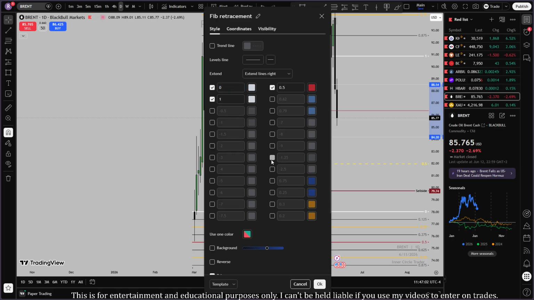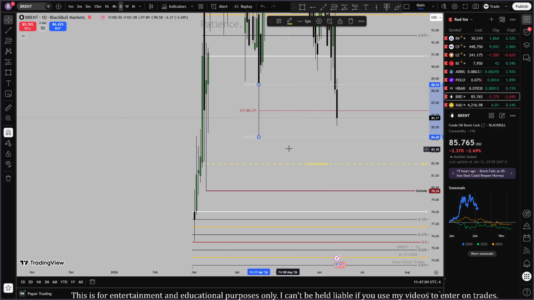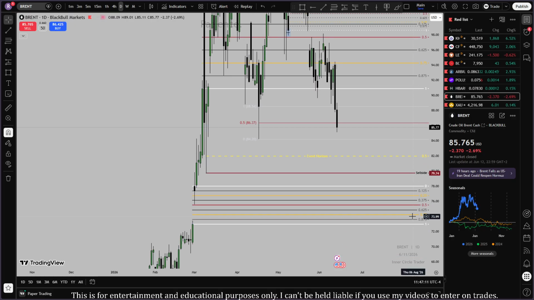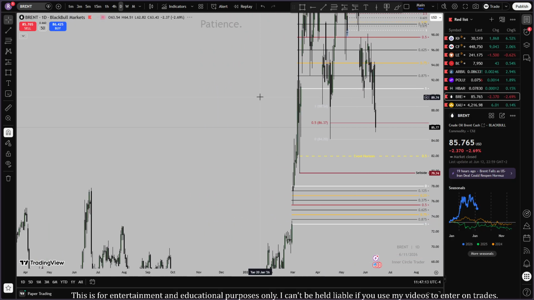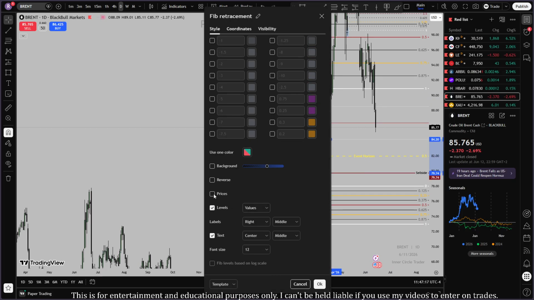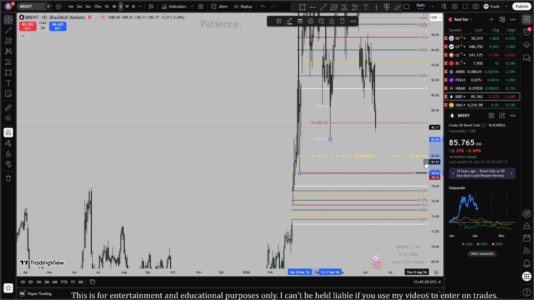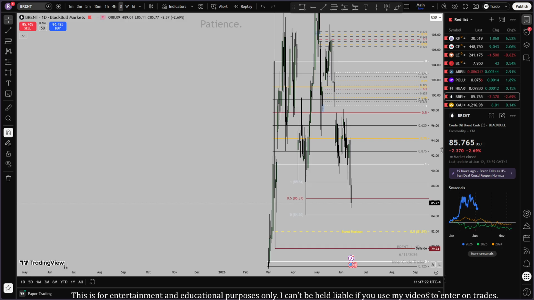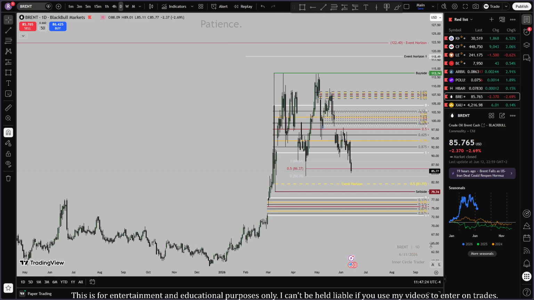This low and this low event horizon, that could be the turning point to go higher. Let me put on the table for you guys, price 81.97. So about that range.